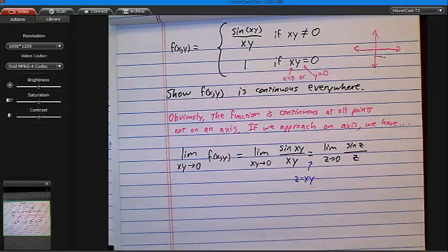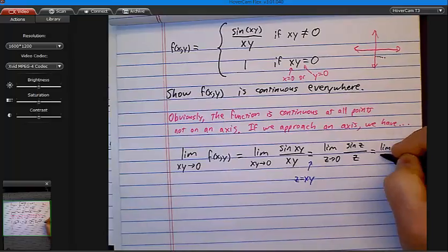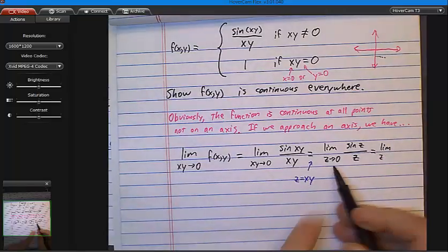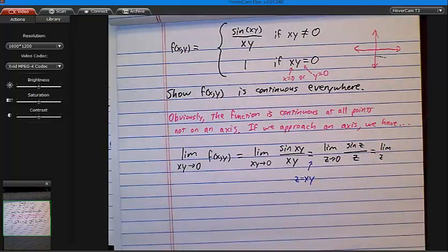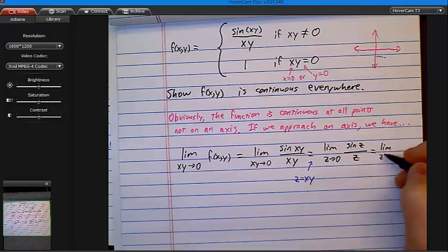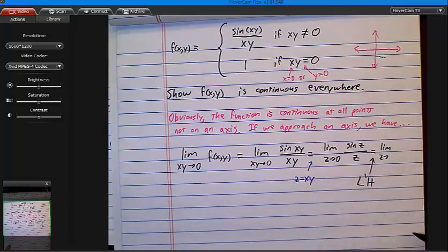That's right. Now we know how to do L'Hopital's. Let's do that. How do we do it? Well, we just take the derivative. Because if we plug in 0 right now, what's the sine of 0? So we'd get 0 over 0, indeterminate, right? So we're allowed to use L'Hopital's rule. Maybe I'll put a little note here. LH. Take it to the hospital, right? The limit as z approaches 0 of, what would the derivatives give me?